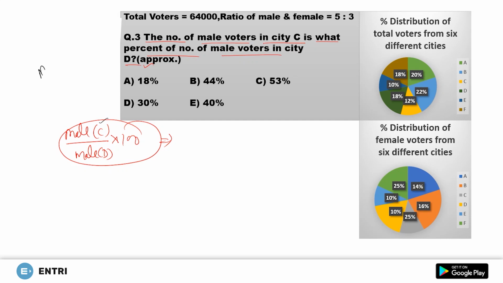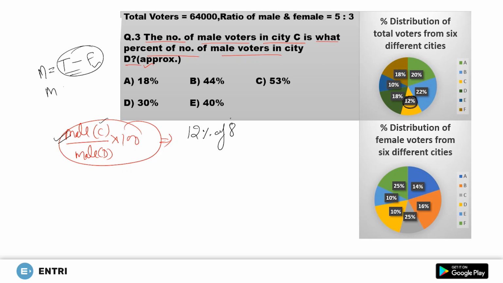I have already told you, if you have to find males, you have to subtract females from the total. So total minus females will give you the number of males. So talk about city C. Here you have 12%. 12% of what? 12% of 8. Why 8?